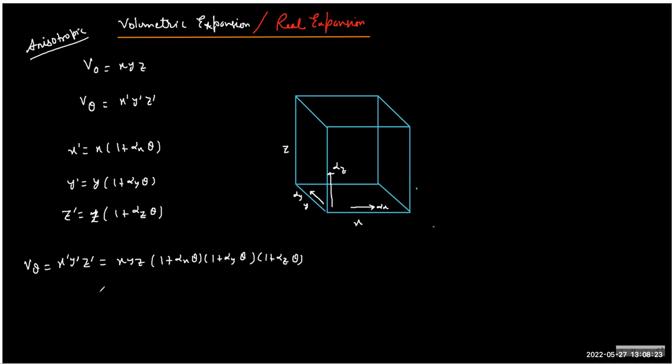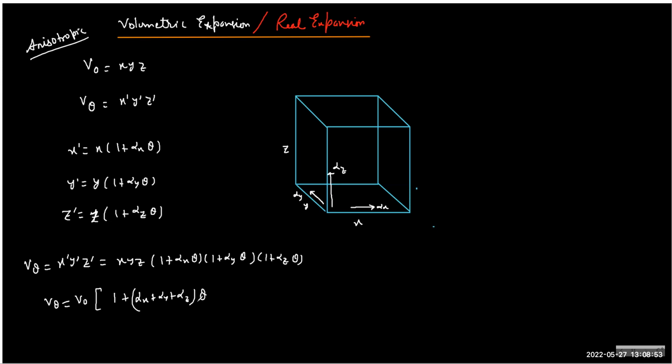So now you know how to expand this. You can write this as V naught, and this is a really big term. So you have 8 terms in total. So what we do is we only take the first power. So 1 will be 1. And the other terms which I would like to take are 1 into alpha x, 1 into alpha y, and this will give us.